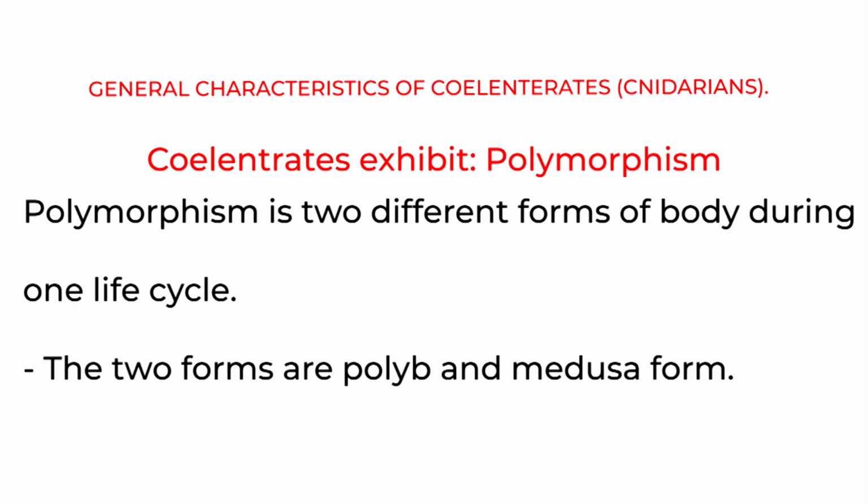Good. Now, coelenterates exhibit two forms during their life cycle. That is known as polymorphism. The two different forms are the polyp form and the medusa form.